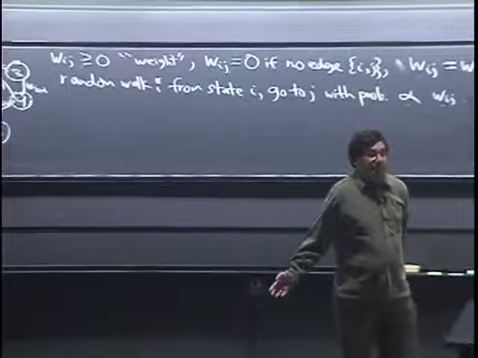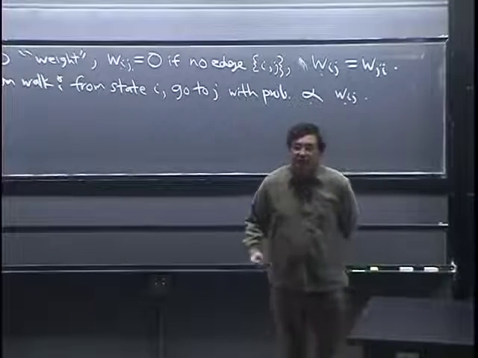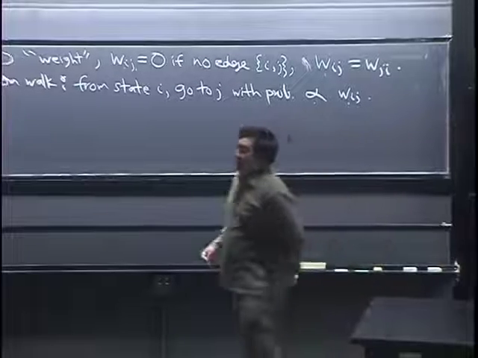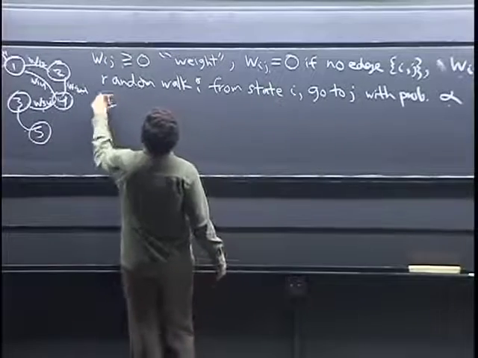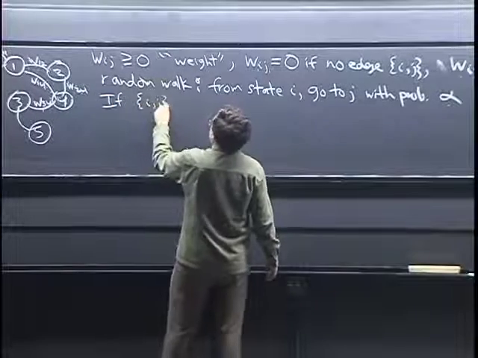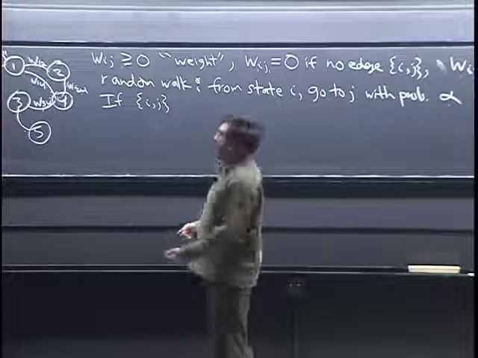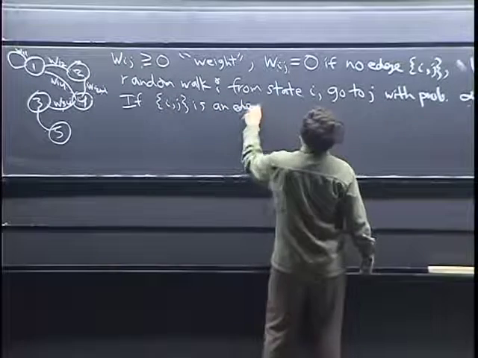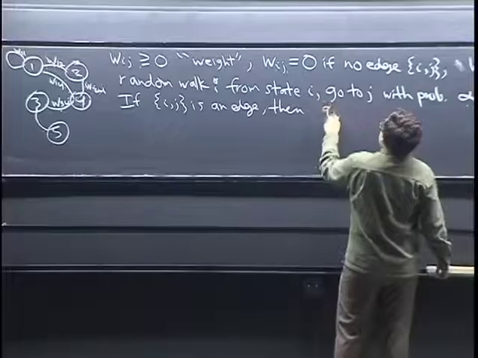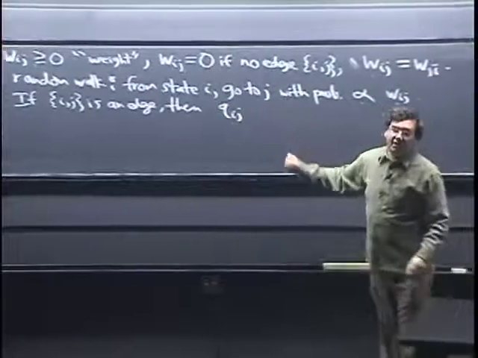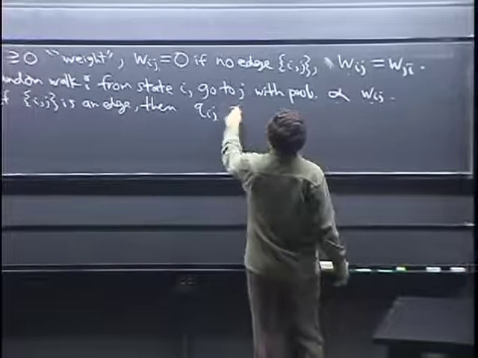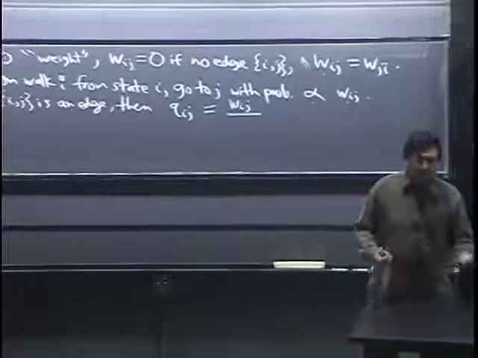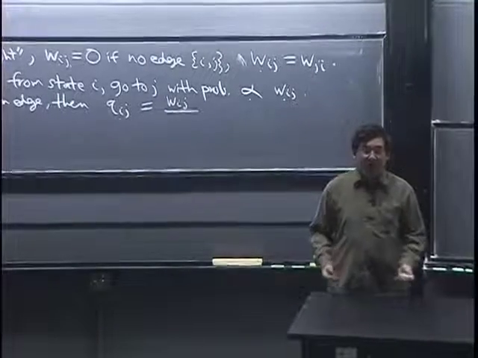This is still going to be reversible, and so we want to write down this reversibility equation, Si Qij equals Sj Qji. Okay, let's first write down what's Qij. If ij is actually an edge (if it's not an edge, the probability is 0 of going from i to j). If it is an edge, then by definition, Qij, the transition probability from state i to state j, is just the weight divided by the sum of the weights of the possible steps, right?